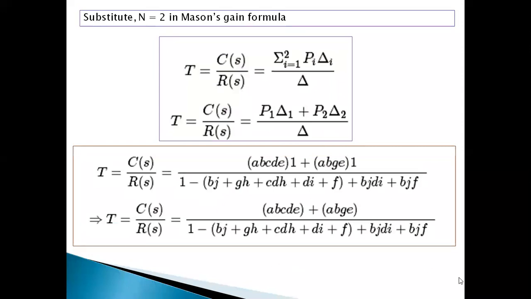Substitute and directly you get the transfer function. Simply identification of loops. No mathematical background is necessary to solve this problem. Anyone can learn this one. So directly you will get T is equal to C of S by R of S. Note down this example.